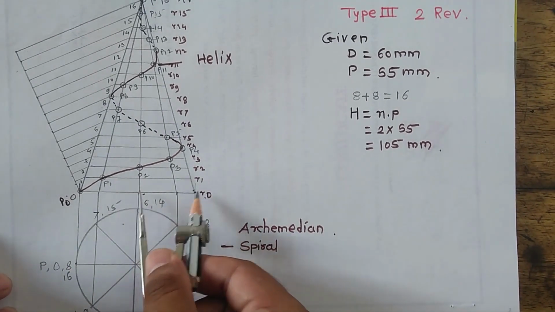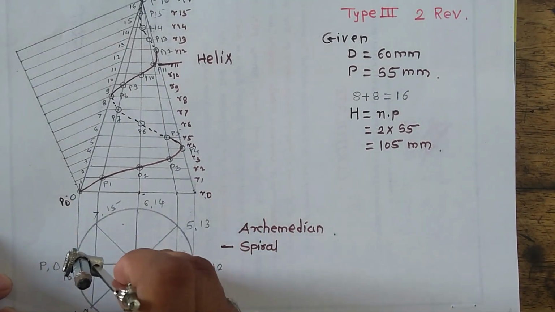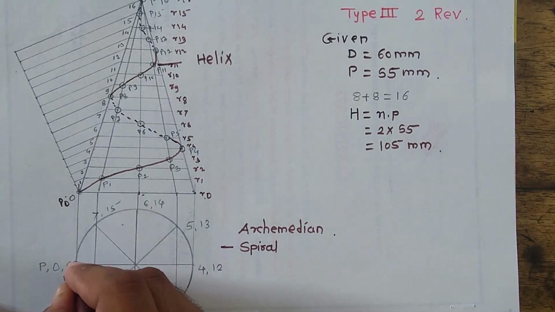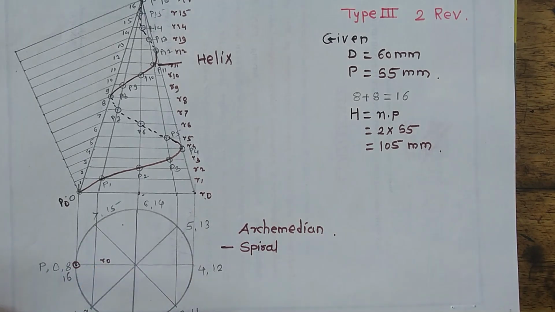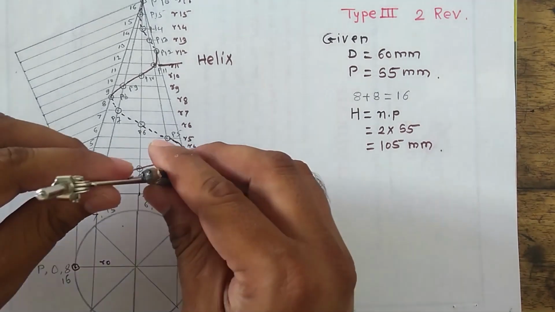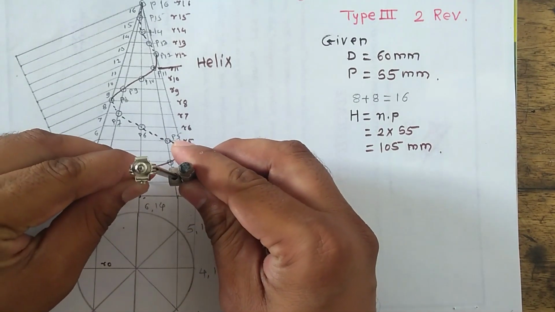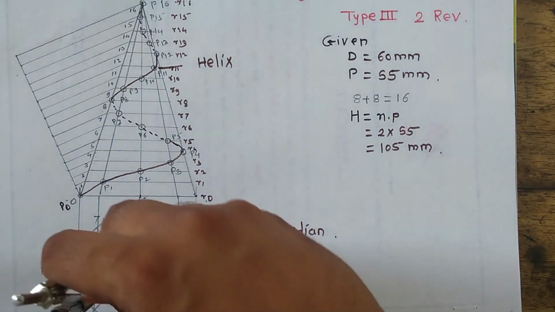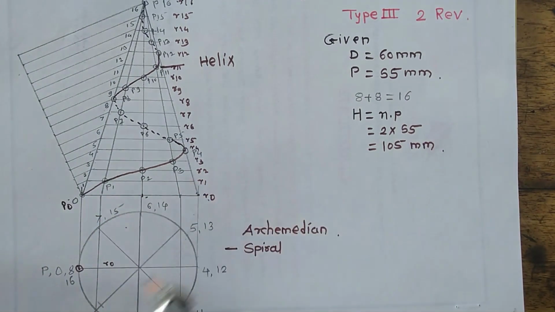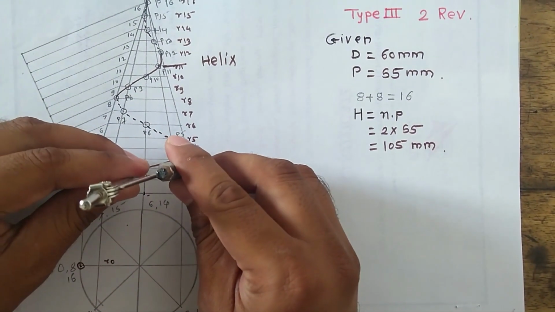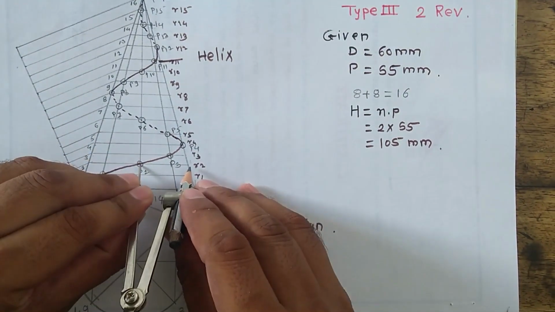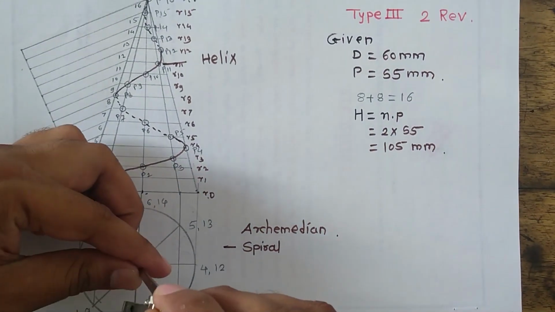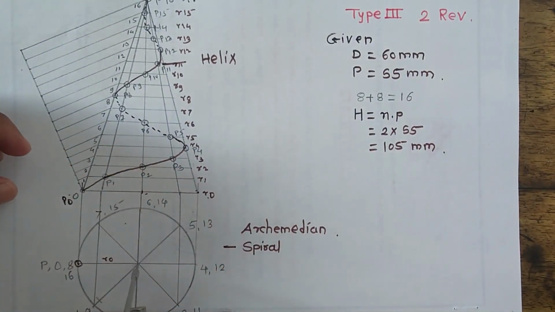So for that purpose I will start from here. First I will take the R0 distance and mark it here. So the first point will be here, R0. Next I will take the R1 distance in the compass and mark it on that one number line.